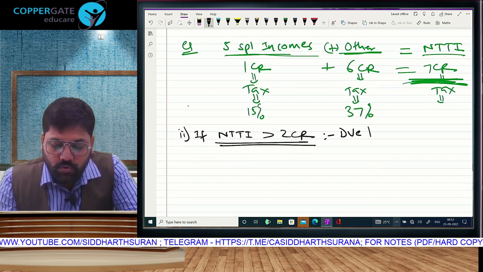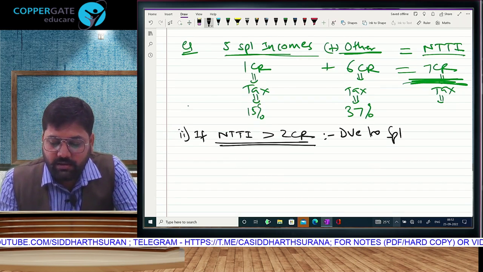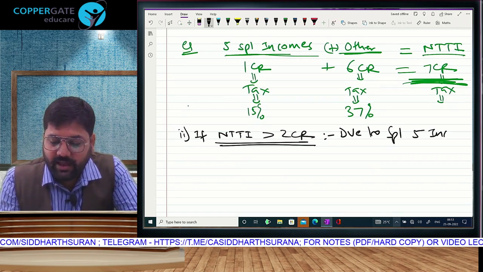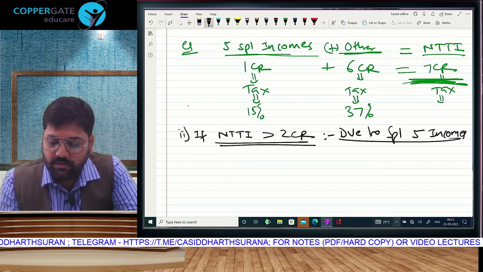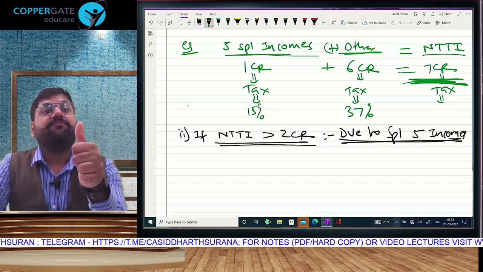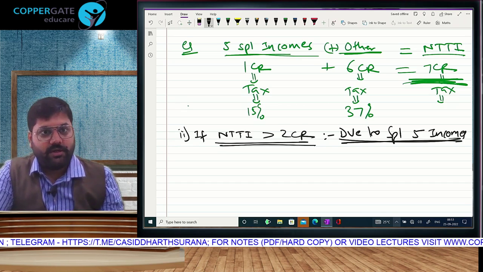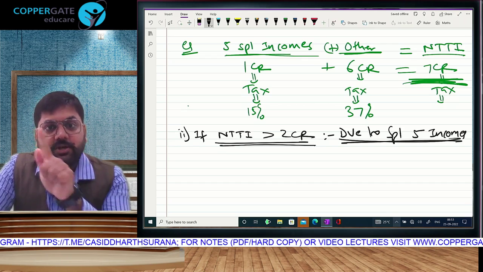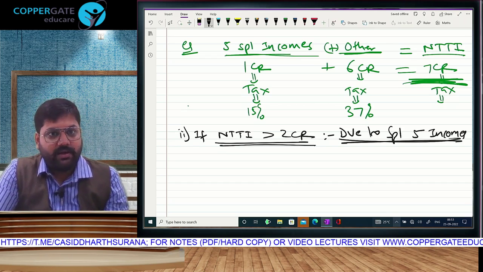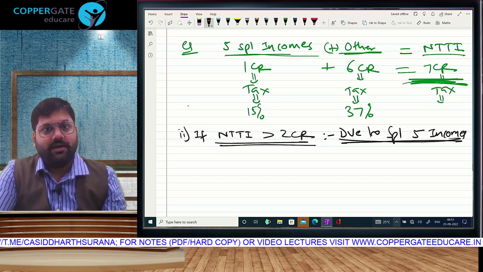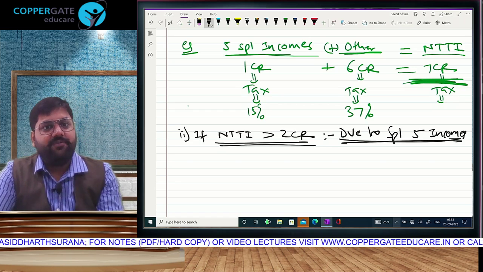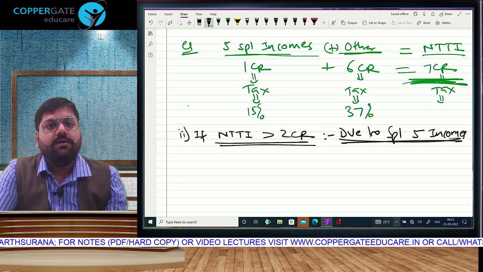Due to the special 4 plus 1, can we say 5 now? Which 5? 111A, short-term stock market. 112A, long-term stock market. 112, all other long-term. 115AD, foreign institutional investor, and dividend income.